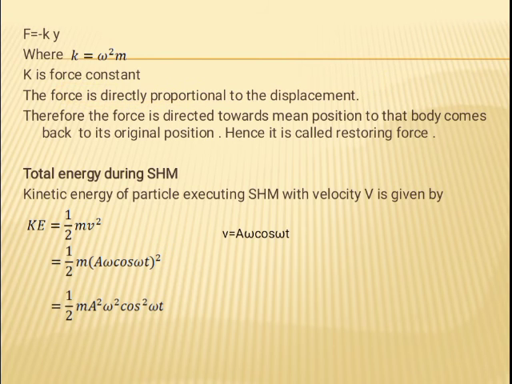So what would I do? If I take out this constant k, what happens? The proportionality will be that F is directly proportional to y. Hope you understood. And in this statement you can see that the force is directed towards the mean position of the body, and comes back to its original position.